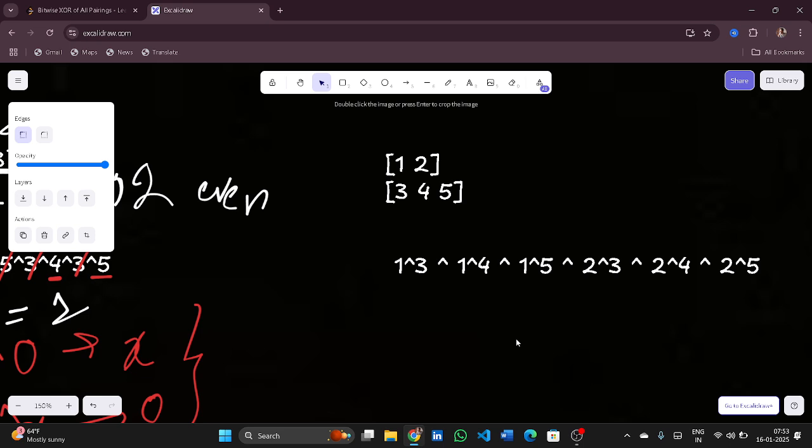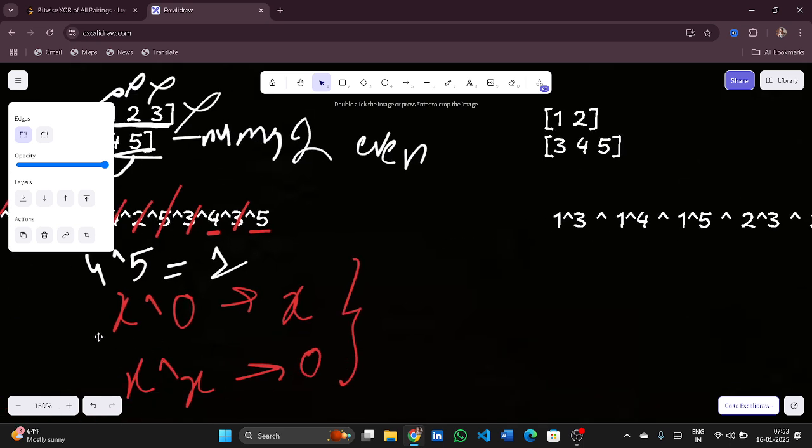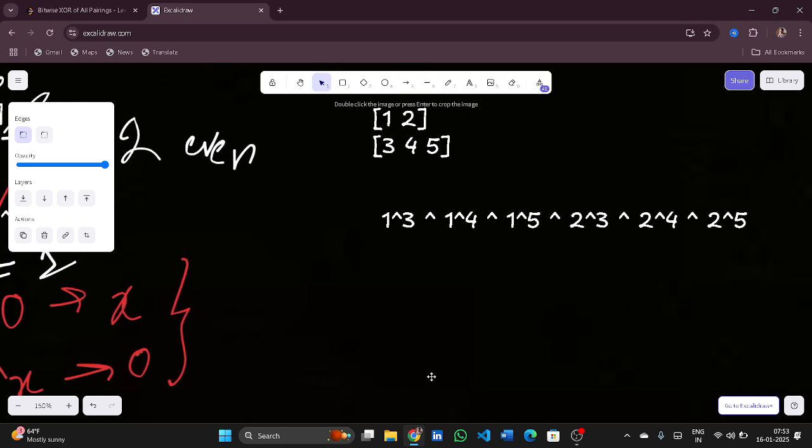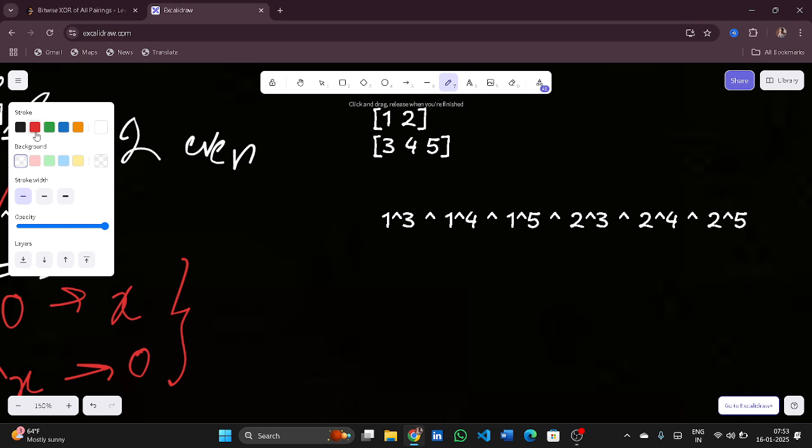So the thing is, keep this in mind, x XOR x will be 0. So let me cancel out all those which occur an even number of times, because if you have an even number of times then they will be cancelled out.